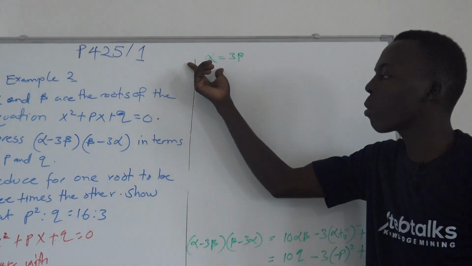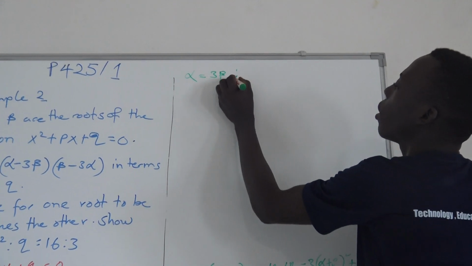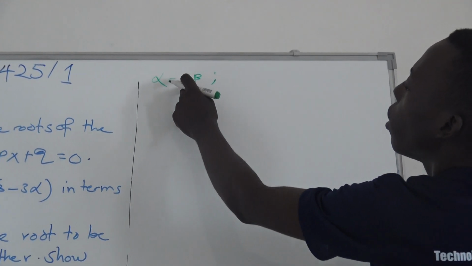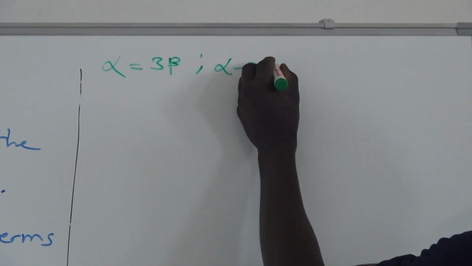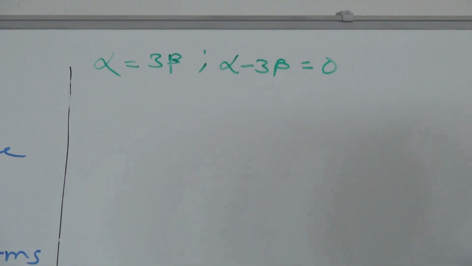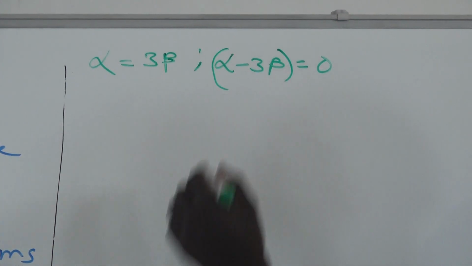So this is the first root alpha, the other root is beta. You bring the 3 beta to the other side, so you have alpha minus 3 beta, which gives us 0. So you put it in brackets.